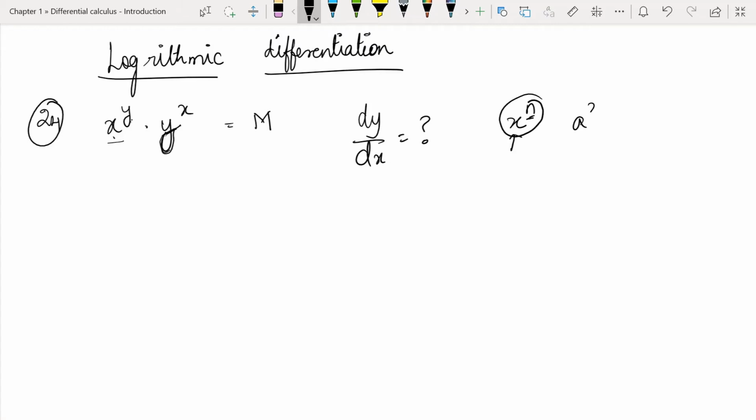You have done a power x, constant power variable, right? So this is a variable, this is a constant. Now this is a constant, this is a variable. Correct? Now this is the first time you are doing x power y, where the power is also a variable.